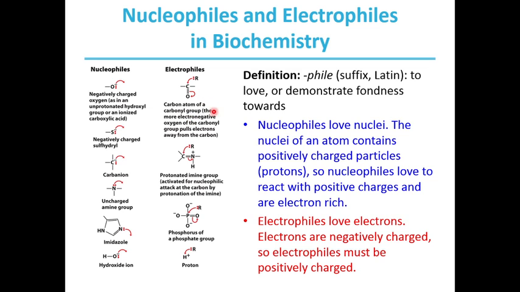The carbon atom of a carbonyl group is electrophilic. Protonated imine group, this carbon is activated for nucleophilic attack. The phosphorus of a phosphate is electrophilic, and a proton is electrophilic.